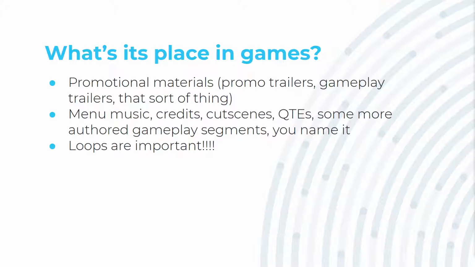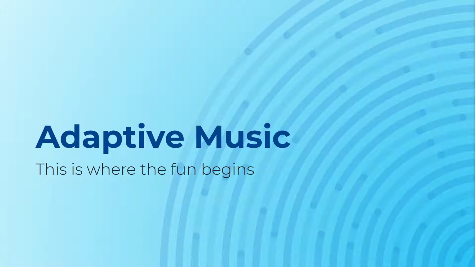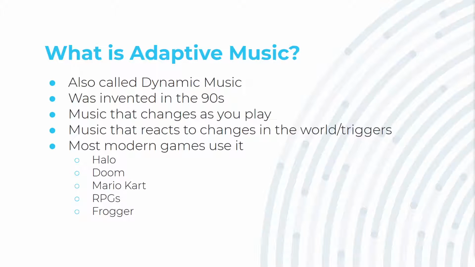Alright, and now getting into the fun stuff. So, obligatory prequel meme there. And time to get into adaptive music. So, what is it? Put simply, it's music that changes as you play the game. Oh, that's a great Anakin meme there.